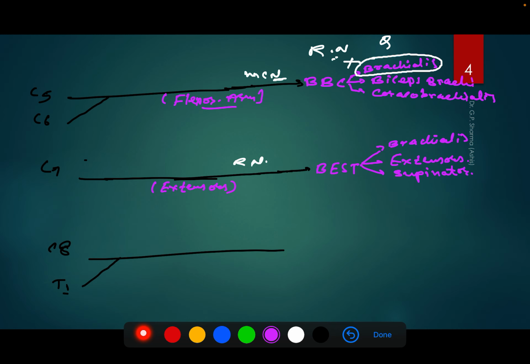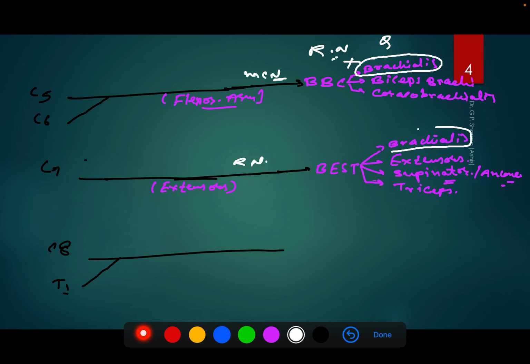Here you can remember all the supinator muscles as supinator plus anconeus as well, because other muscles have flexors or extensors in the name, so we will remember easily, but anconeus has no extensor in the name. That's why we may forget this, right? So T for triceps, right? If we remember like this, that's easy for the radial nerve. And the exception is what we discussed already, brachialis, right?